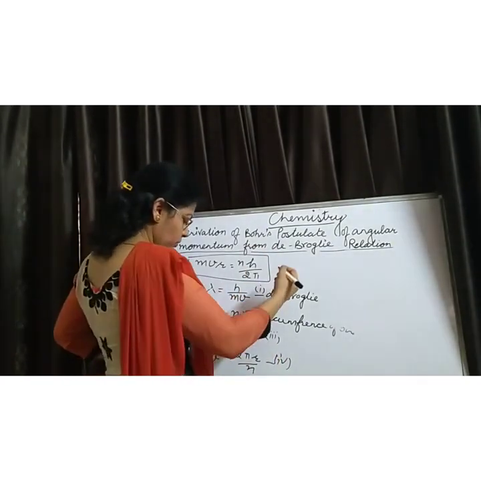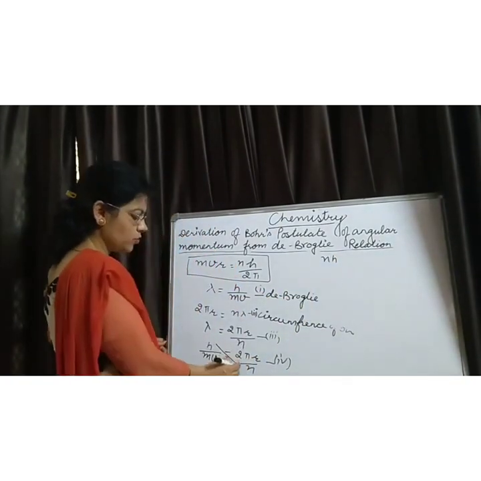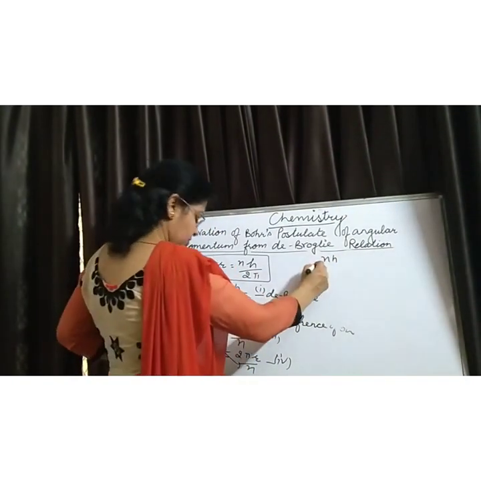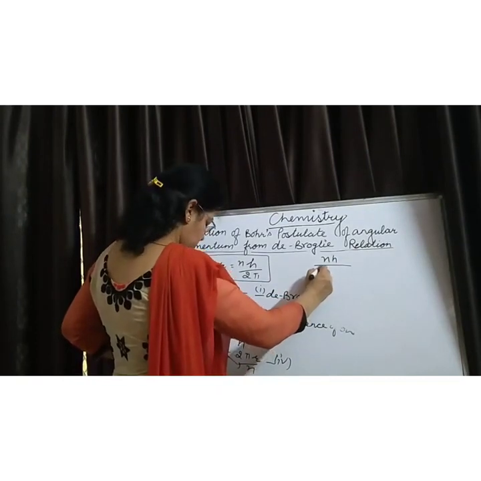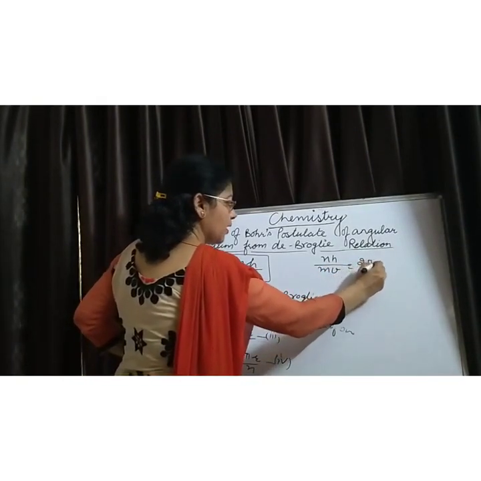From equation 4, by cross multiplying, nh upon mv is equal to 2 pi r.